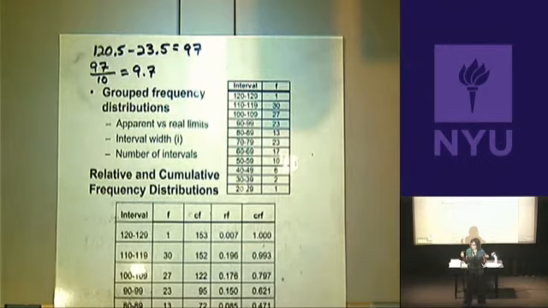Now, could I have started with 24? Yeah, I totally could have started with 24. But is that the way you generally see data listed? Right? 24 to 33, 34 to 43, 44 to 53. Is that how you would expect to see the data listed? Not so much. Would it be wrong?